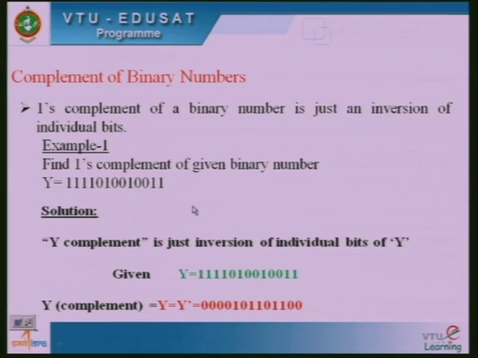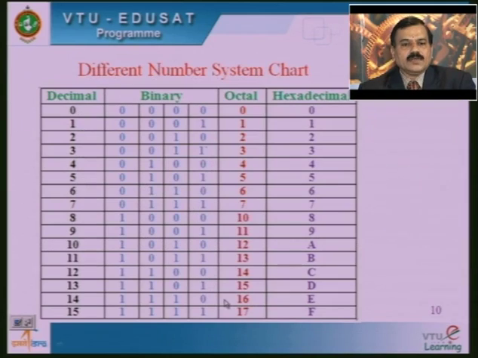Similarly, if you come down, we are going to decode the numbers up to 17. What we observe as the difference is that the decimal value 10 is written as 12 in octal, and the same thing is coded as A in hexadecimal.